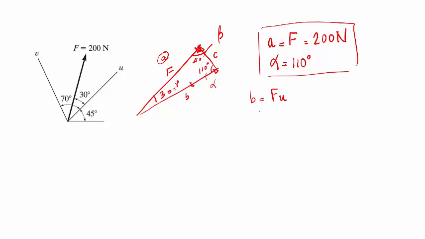And the angle for this one, beta, is 40 degrees. And then C, which would be our FV, okay? And gamma, which is related to C, would be 30 degrees.